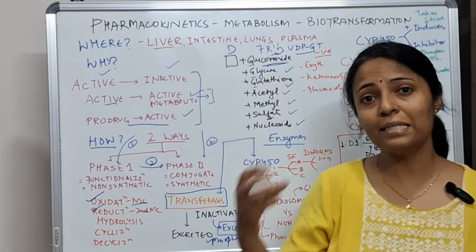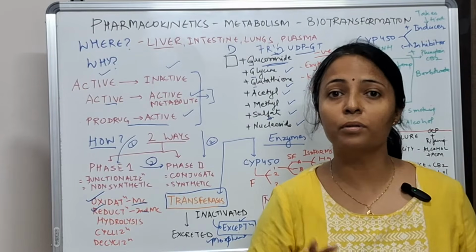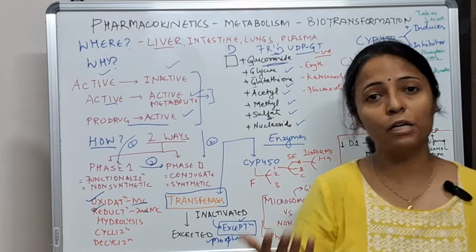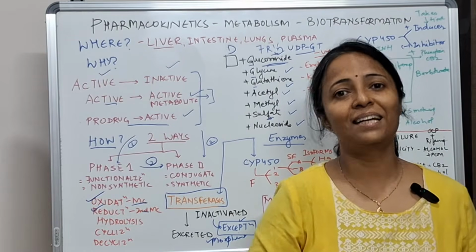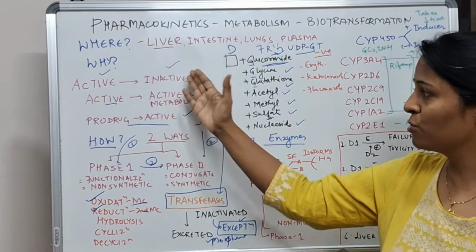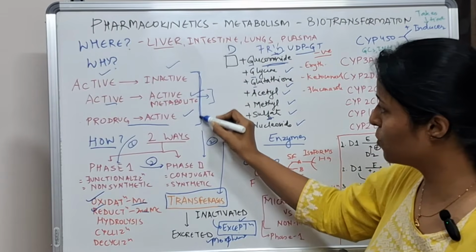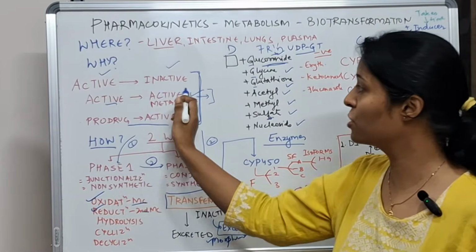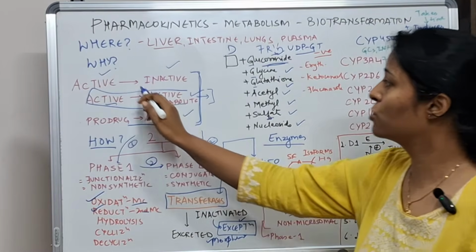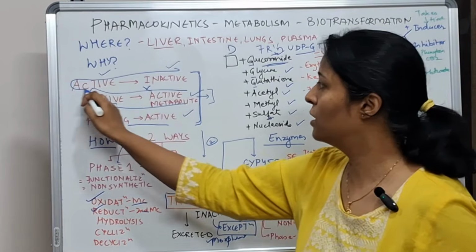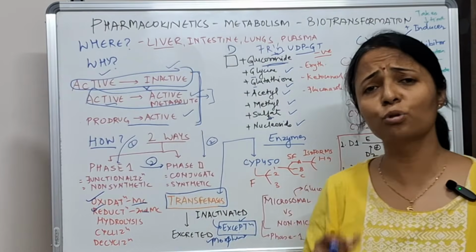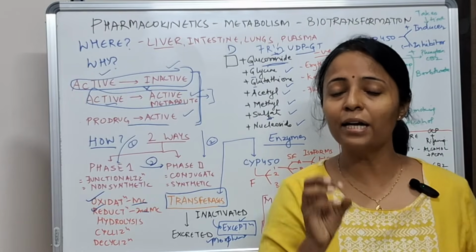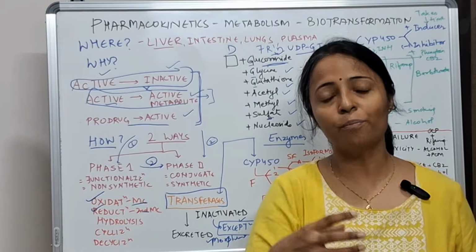Now, this enzyme activity varies from person to person, so these reactions will also vary from person to person. That means the inactivation of the drug, or these outcomes which we are talking about, can occur with the drug. Mostly these outcomes occur with phase 1 reactions. Phase 2 reaction is mainly active to inactive component. So the drug activity will be different from person to person.